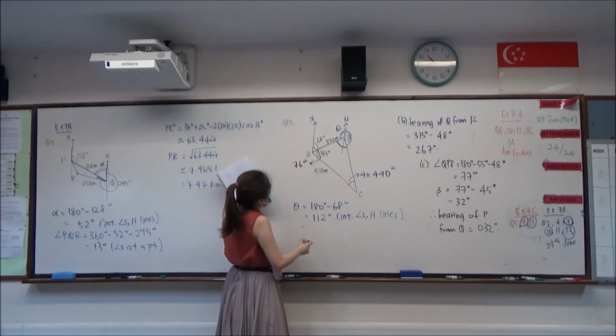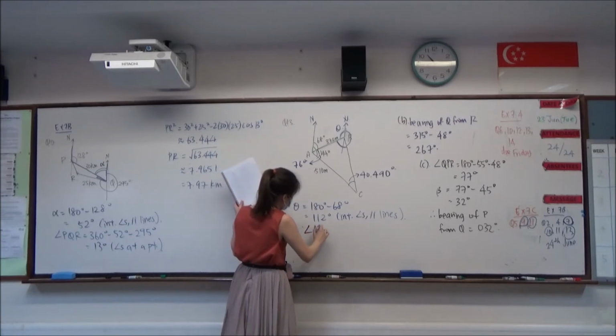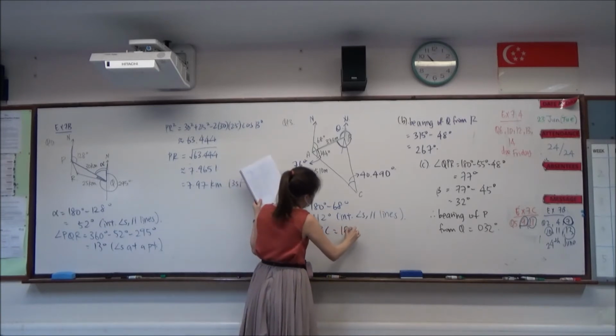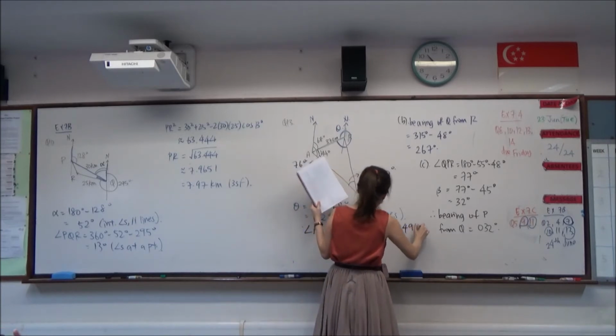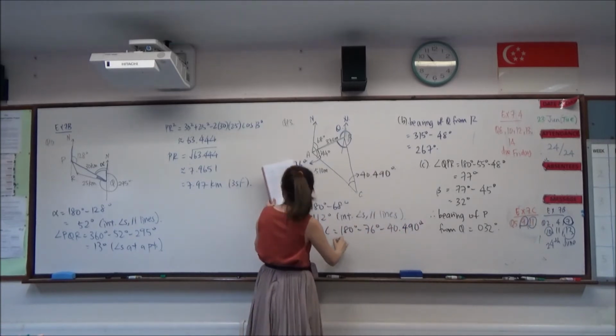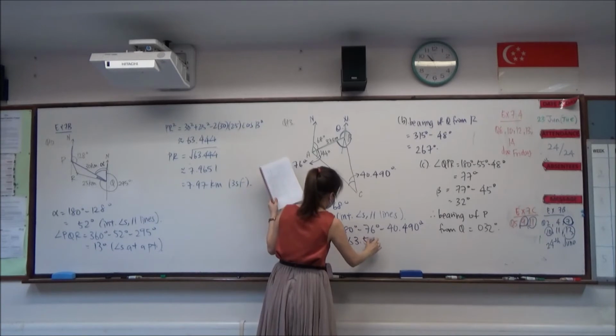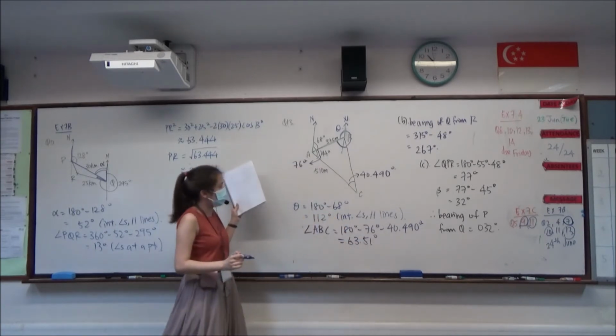Therefore angle ABC will be 180 minus 76 minus 40.490, and that will be 63.51 degrees.